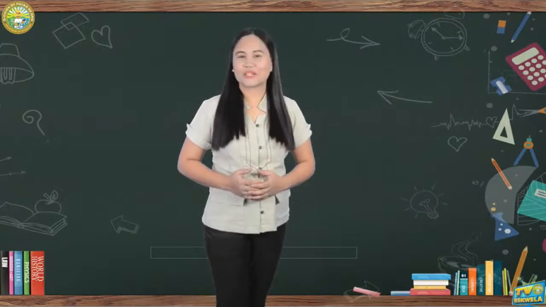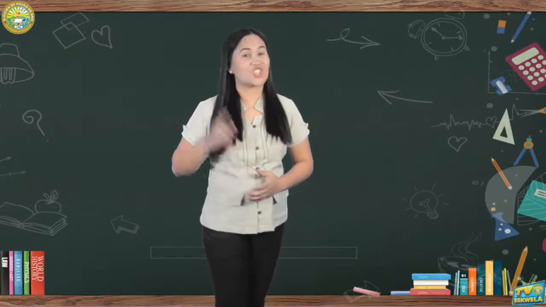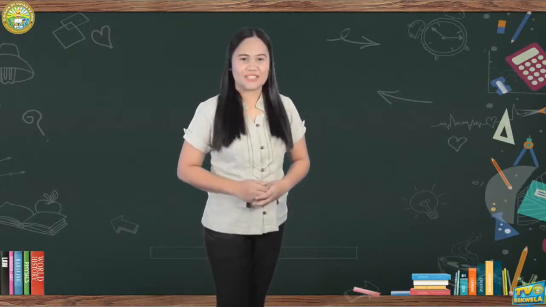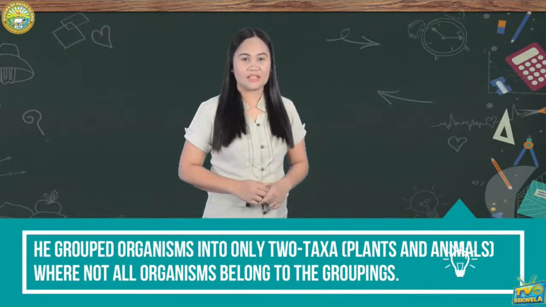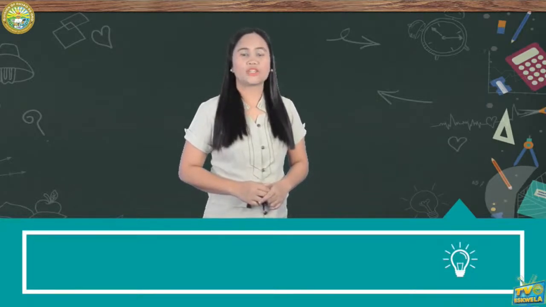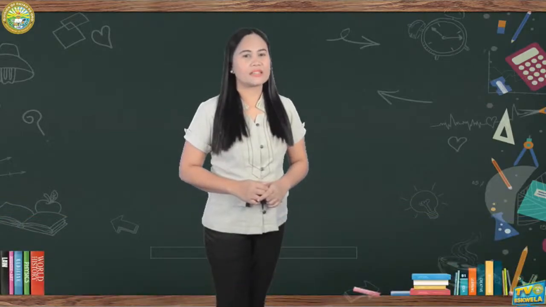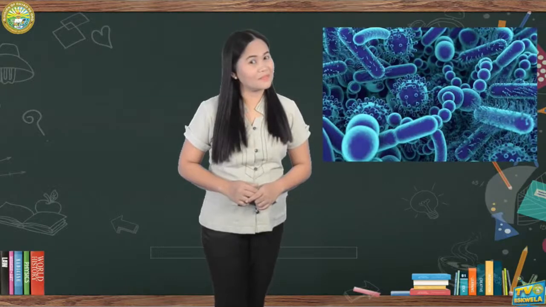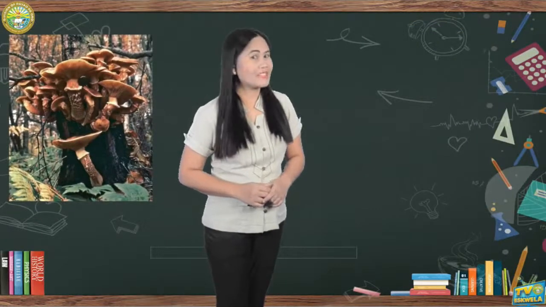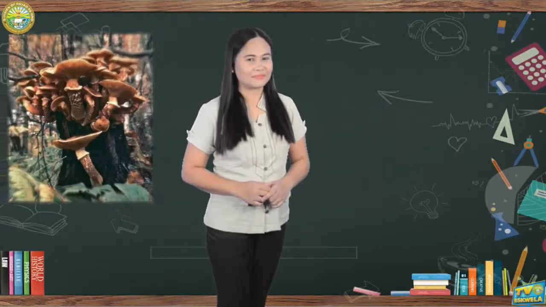But there were concerns, such as, first, he grouped organisms into 2 taxa, plants and animals, where not all organisms belong to the groupings, like the bacteria, a plant or an animal? How about the mushroom, a plant or an animal?